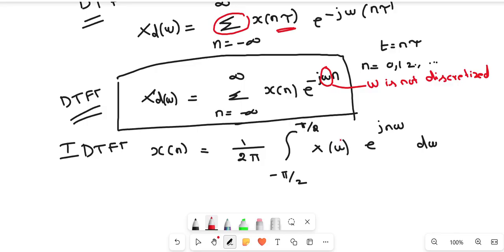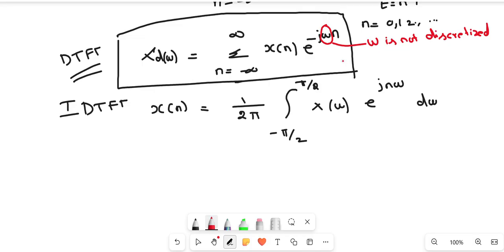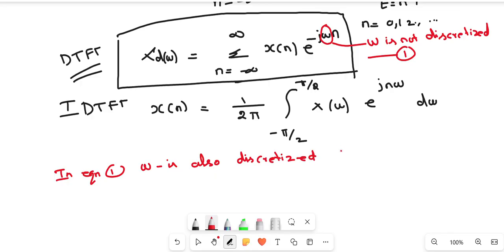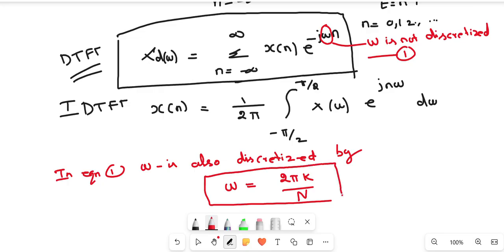So consider the situation in equation 1 where omega is also discretized, by defining the relation w is equal to 2 pi k by n, where k equal to 0, 1, 2 up to n minus 1.